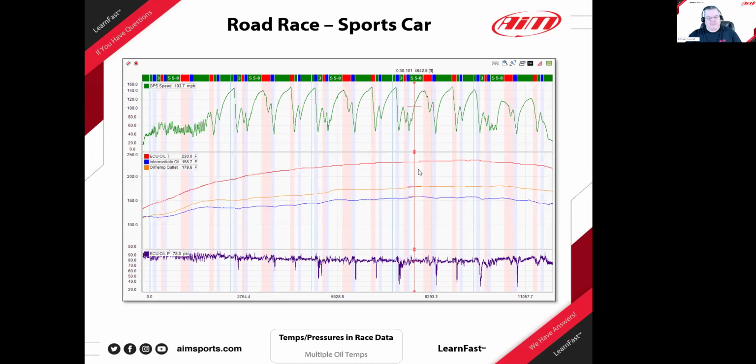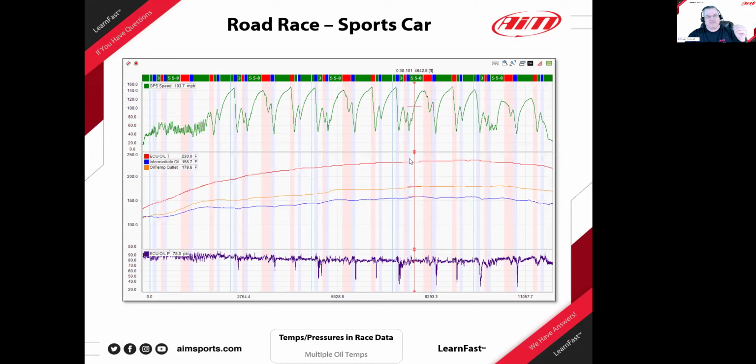What he had, and what I've colorized here, is red, which was an oil temperature from inside the ECU data stream, and then the car owner had also put in a couple of other temperature sensors on the engine oil that he called oil temp outlet and intermediate oil. I don't know exactly where they are amongst the coolers and fans and different things on the car, but it's just interesting to look at the temperatures of the engine.